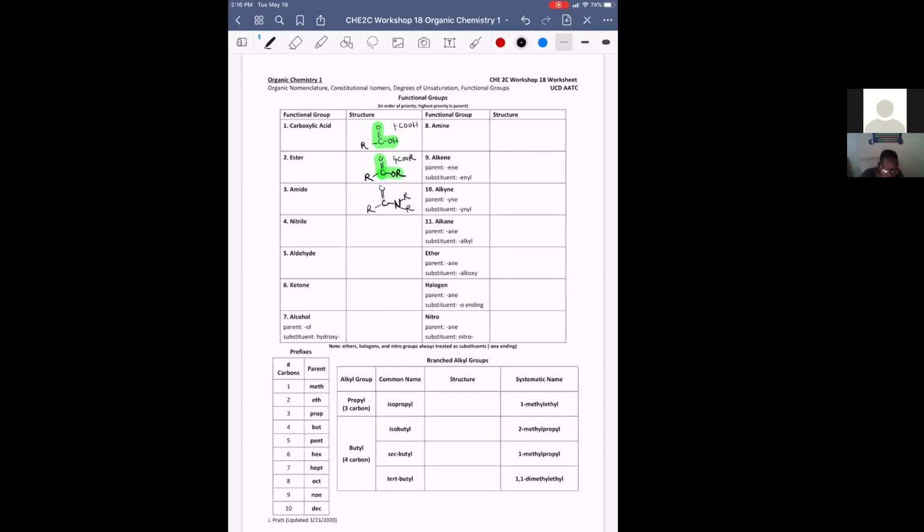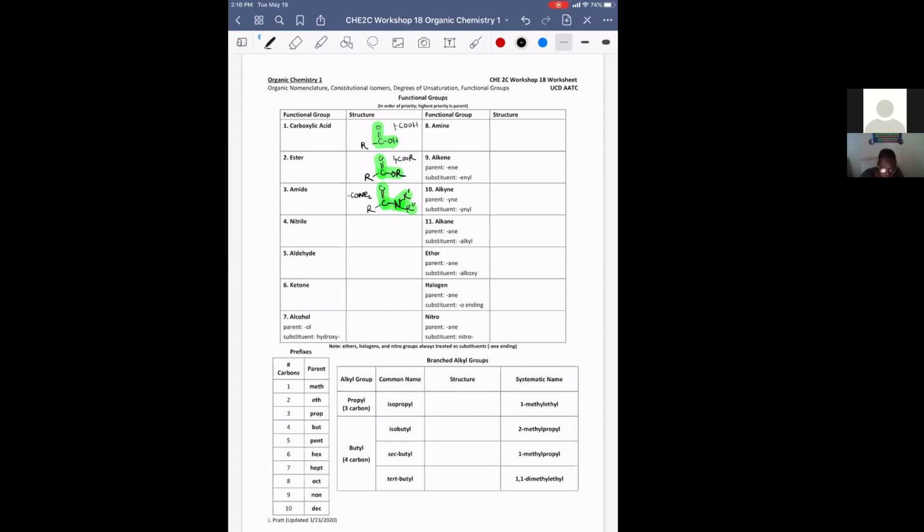So when we think of an amide, the functional group that we're looking at here is this carbon nitrogen species. Sorry, and you may see this written as CONR2. Or we can have different numbers of R's, or we can have different R groups. They don't have to be the same, right? So the R attached to our nitrogen can be different, and we can indicate that with our dashes. So that's our amide functional group.